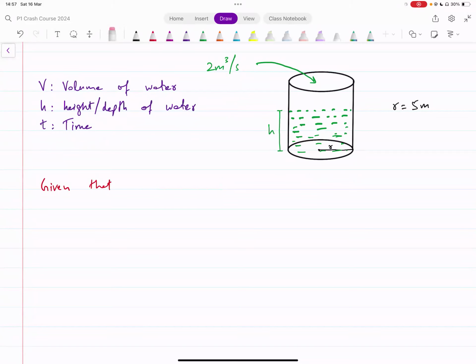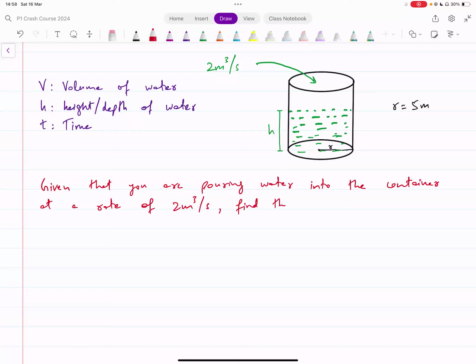Given that you are pouring water into the container at a rate of 2 meter cube per second, find the rate at which the height of water in the container is increasing.